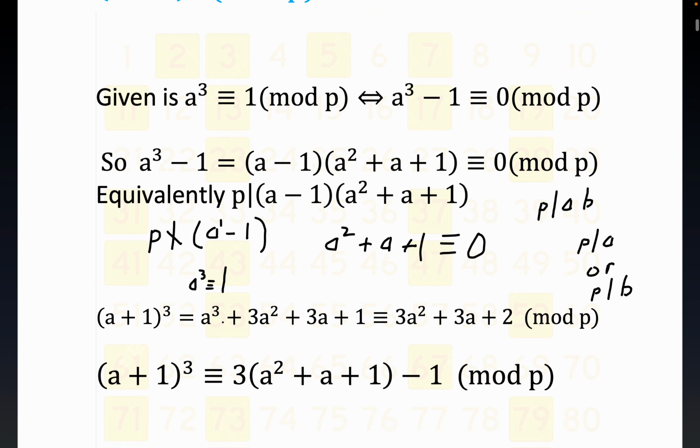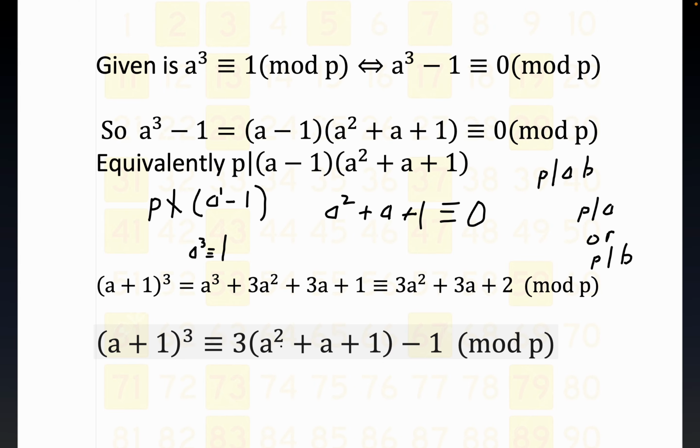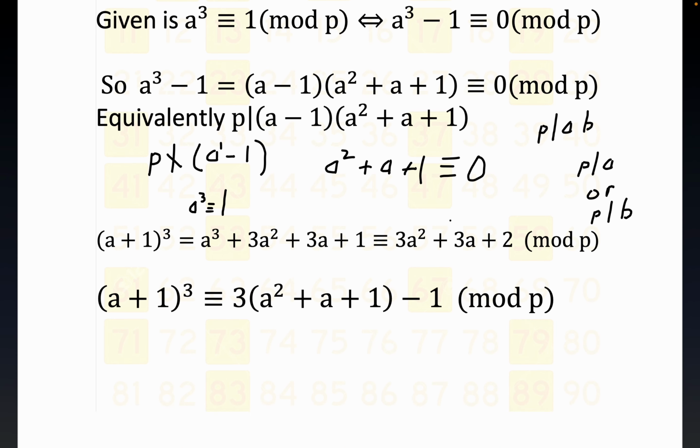So we get this, and then a little bit of algebra here. So a plus 1 cubed, we write it this way in a very convenient fashion, right? Because we have just shown that a squared plus a plus 1 is congruent to 0. So you see this entire piece right here is going to be congruent to -1. This part goes away because this part is congruent to 0. We just demonstrated that by previous argument, okay? So this is congruent to -1, but unfortunately that's not a positive number, right?